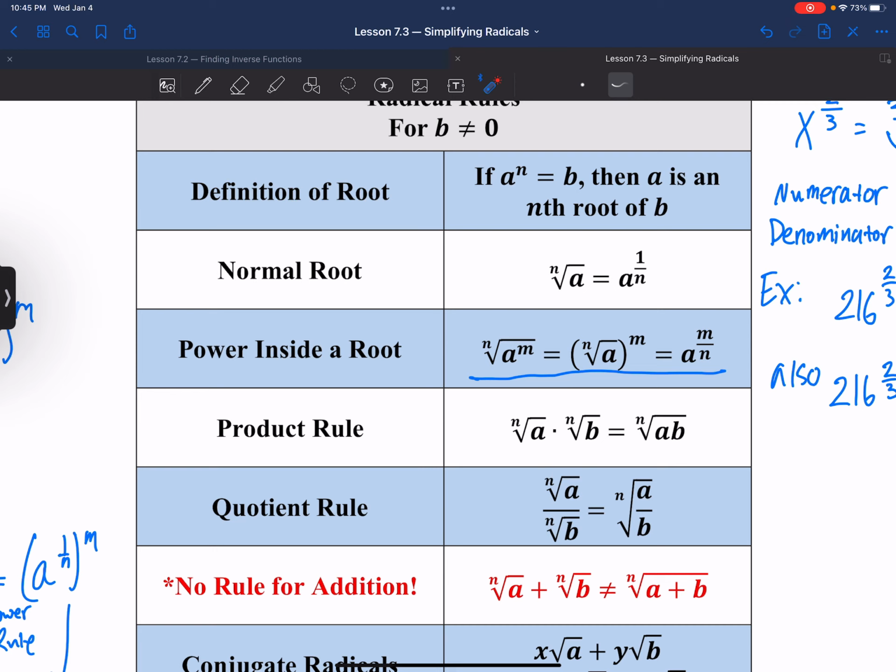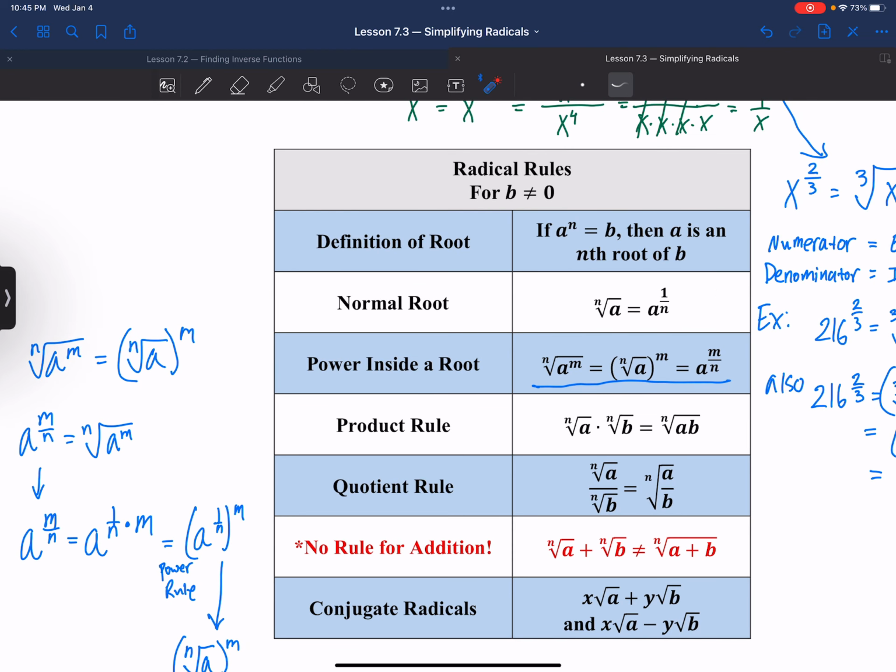All right. So definition of a root: if a to the power of n equals b, then a is an nth root of b. Okay. This is essentially because, look, if I have a to the n equals b, if I take the nth root of both sides, then that means a equals the nth root of b.